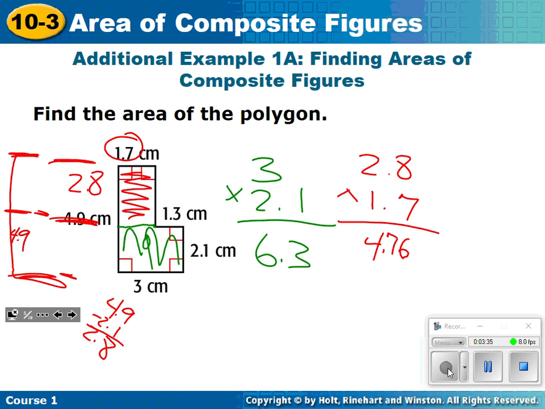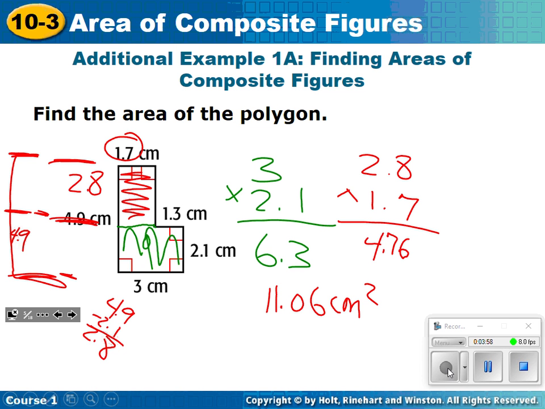Okay, add them together. What's the total area of this polygon? What's my label? Centimeters squared. Okay?